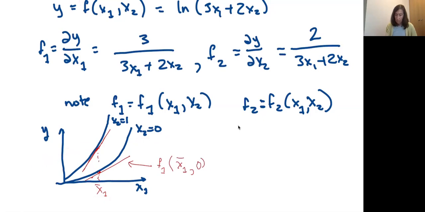Here, we have that same first derivative evaluated again at the same x1 value here, but now x2 equals 1.